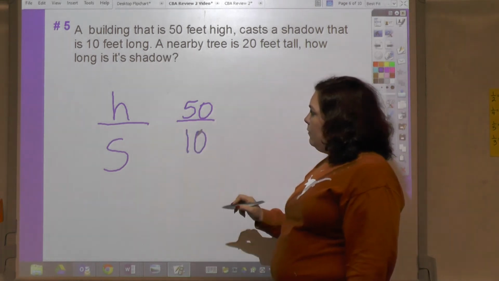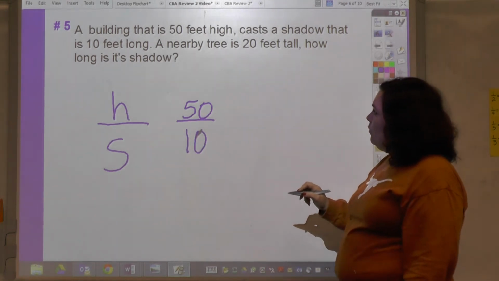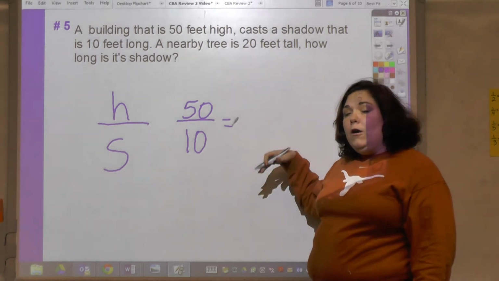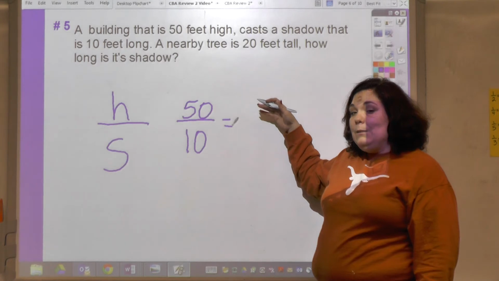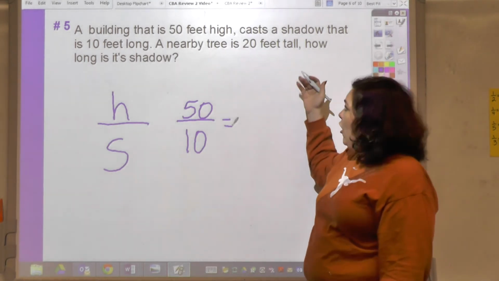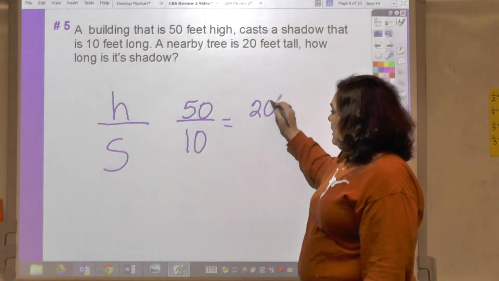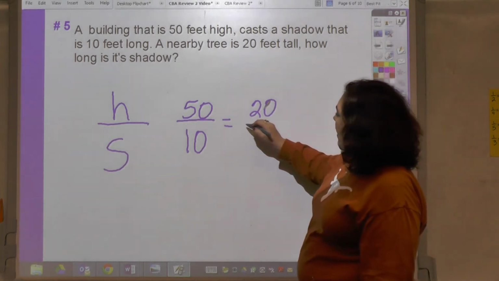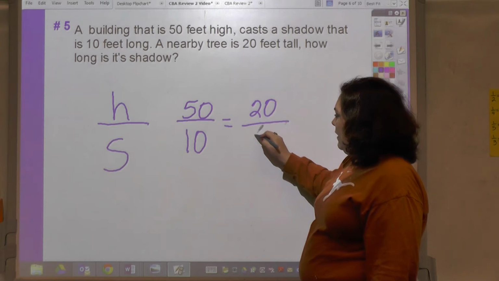That's my shadow. And then it says a nearby tree is 20 feet tall. Is that my shadow, or is that my height? That's my height because the tree is tall. And so that's 20. And so how long is its shadow?